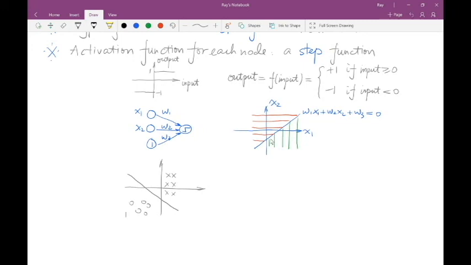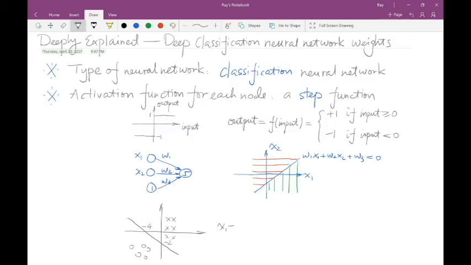Let's assume the y-intercept of the line is -2, and the x-intercept is -4. We then have the function of the line, which is x1 plus 2 x2 plus 4 equals 0. Please make sure that the coefficient of x2 is positive.